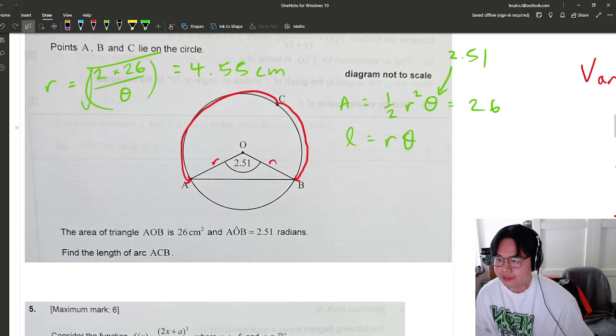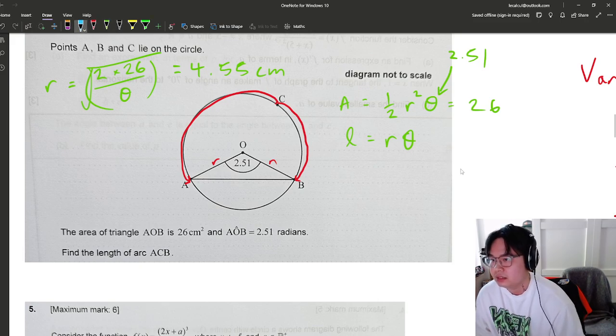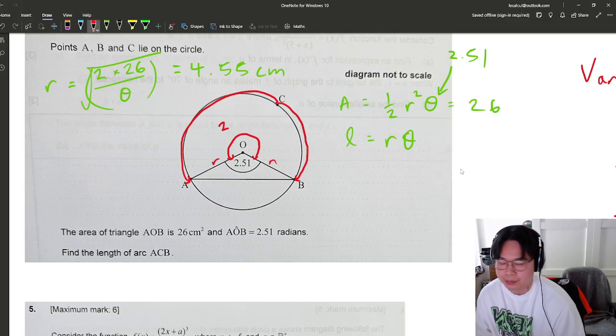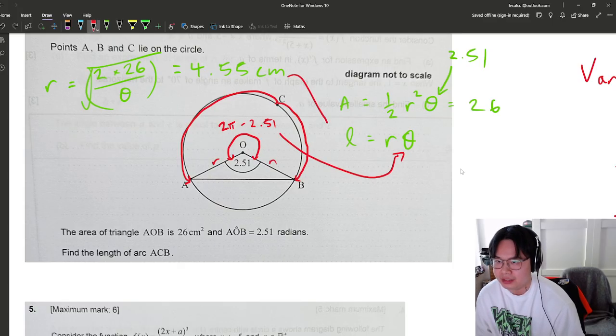Okay, and then we want to find this arc length. So then we need to find out this angle here, and that's easy because this is the other part of the circle. So this is 2 pi minus 2.51, and then this goes into here.